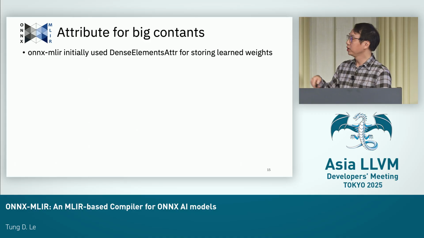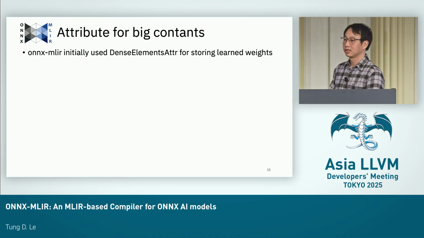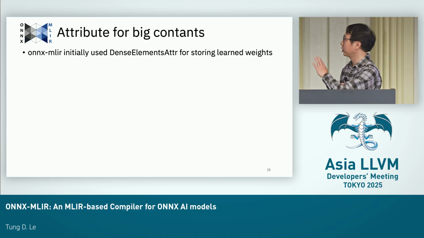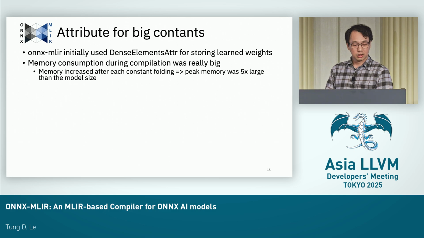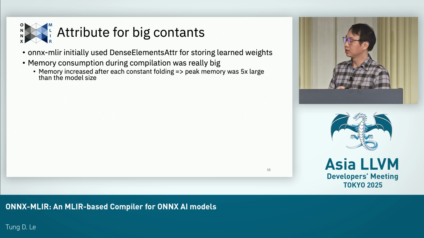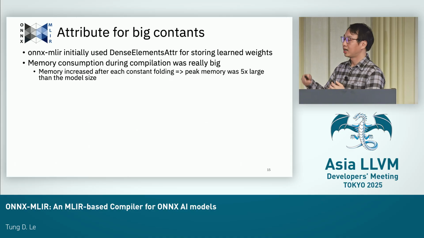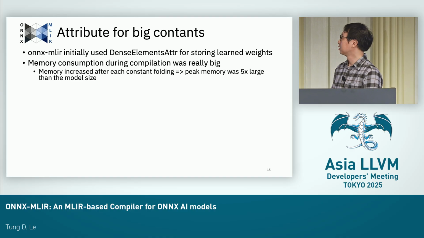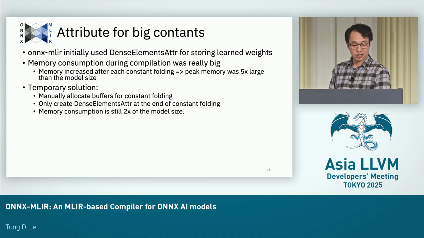So initially, we used a dense element attribute for storing the learned weights, because at that time, 4 or 5 years ago, what we had was a dense element attribute. And the memory consumption during compilation was really big. It increased after each constant folding. So in the end, the peak memory was 5 times larger than the model size.